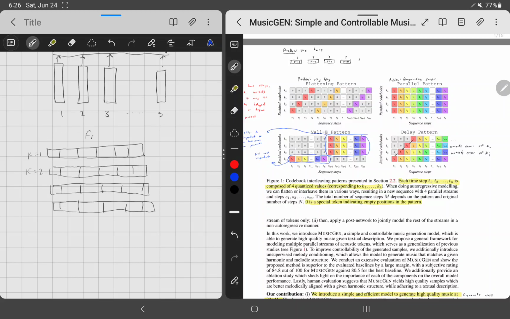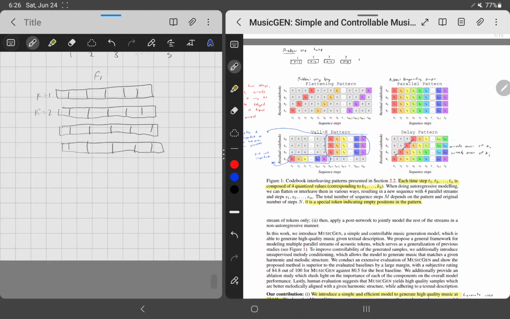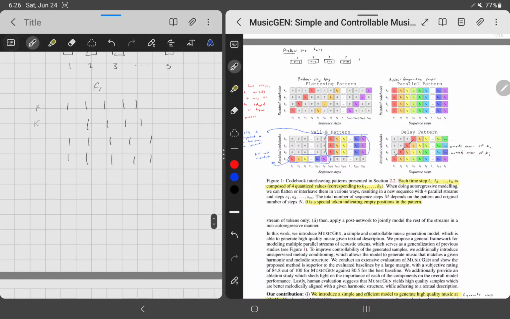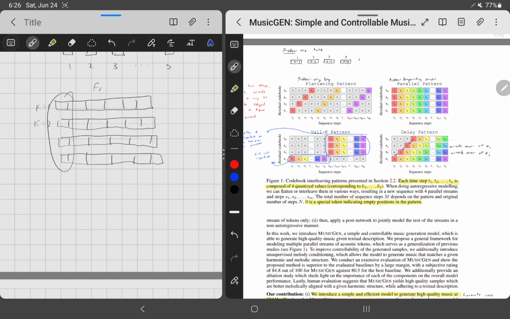The problem with that is there's compounding error. So say we generate this first token here, and let's say it has a little bit of error.